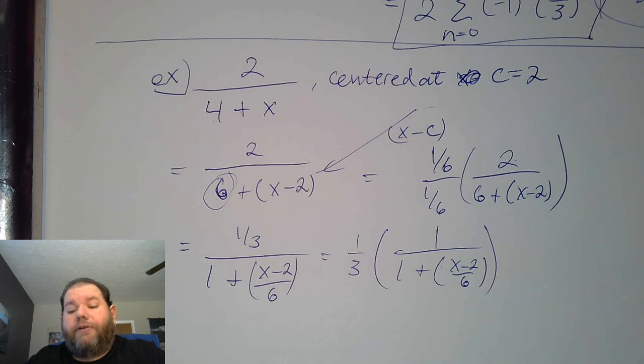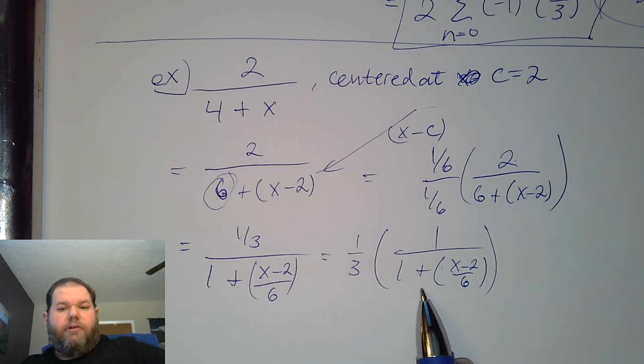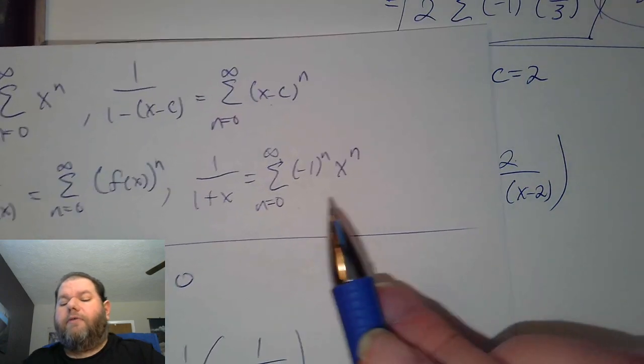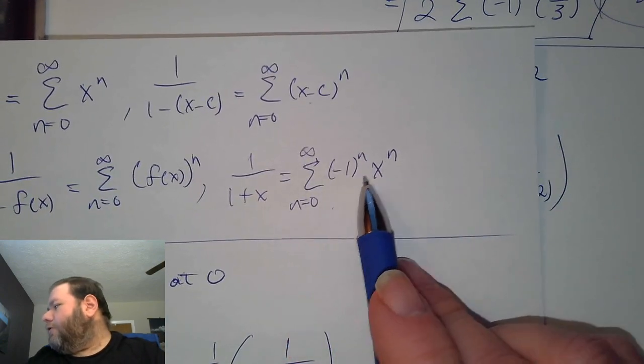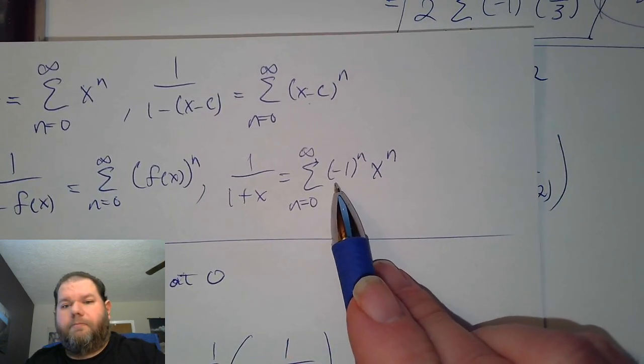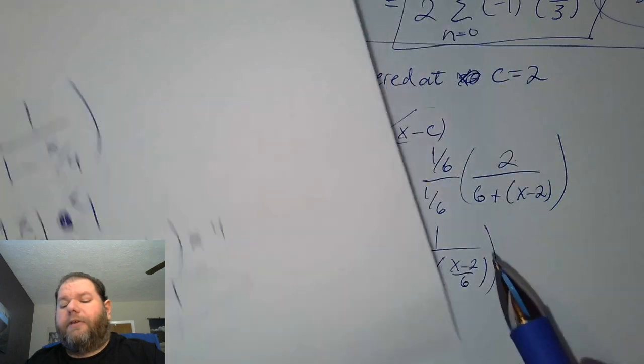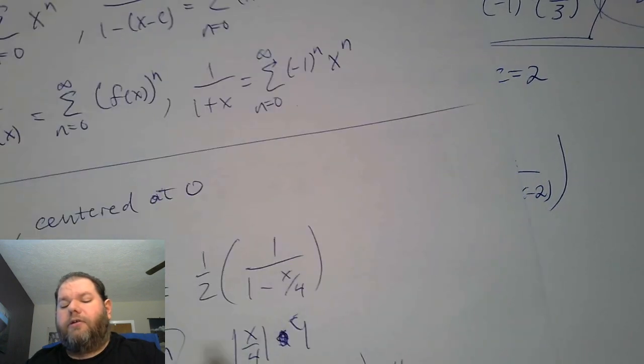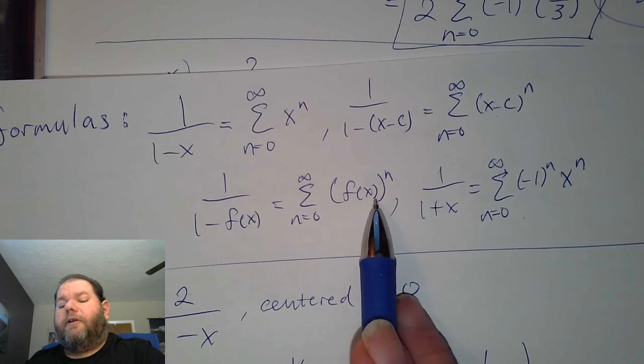Now, this is actually a lot like what we saw in the example above, except it's now centered at 2 instead of 0. Again, we have a plus down here, and the fact that we have a plus means it's going to have an alternating term. The other thing is that whatever function is here, we know that's going to be raised to the nth power.